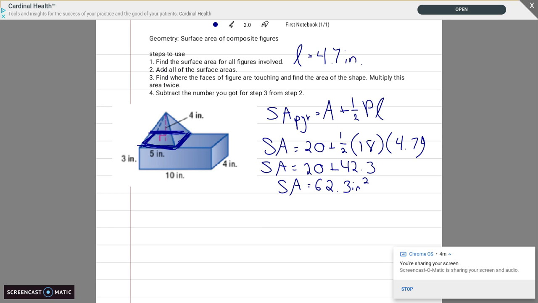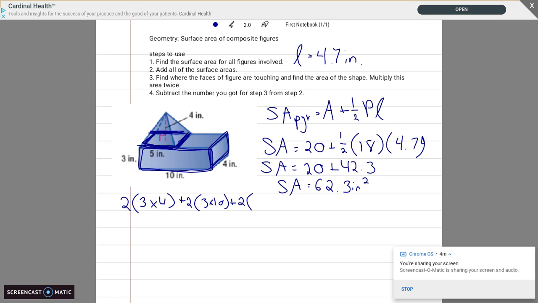But now I need to find the surface area of this rectangular prism. You have to take each side and multiply it twice because it has a top and bottom face, left and right, and side to side. The first face I'm going to look at is over here on the right. Those dimensions are 4 by 3, so multiply that twice. Then I'm going to focus on this front one here. This has a dimension of 3 by 10, so 3 times 10.